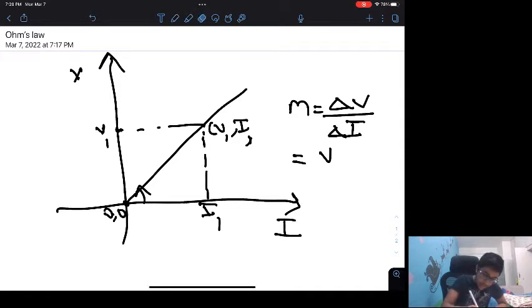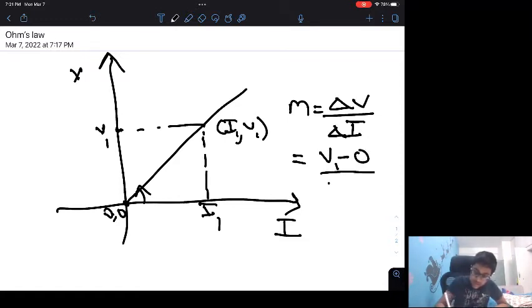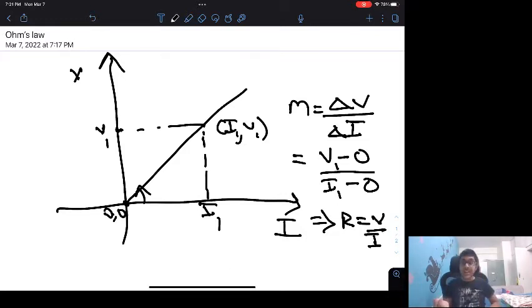My apologies, that would be the other way around, right? You always get the x coordinate first. So that would be I1 comma V1. Alright, anyways, moving on. The slope M would be the rise over the run. That would be V1 minus 0 over I1 minus 0. That would just mean that the resistance is the voltage over the current. If you see, that is just a rearrangement of our Ohm's law.